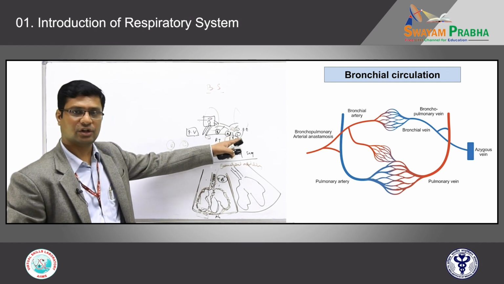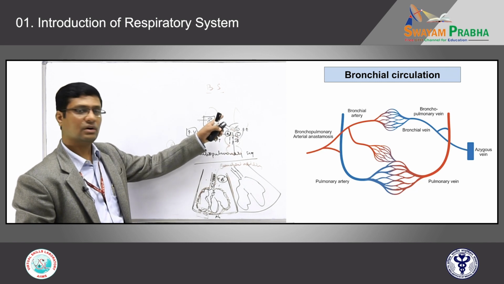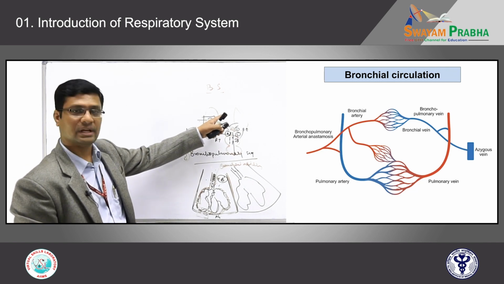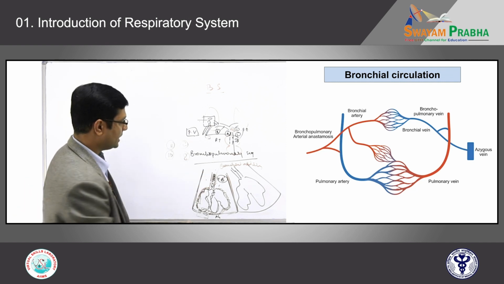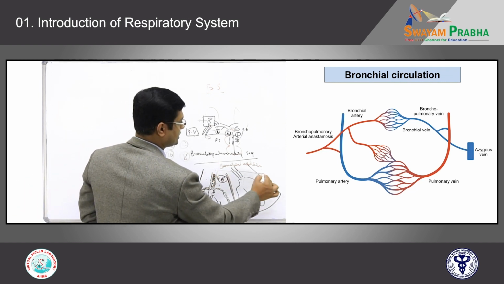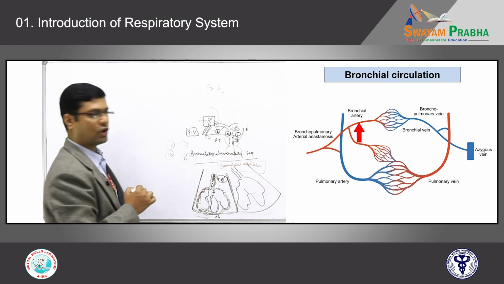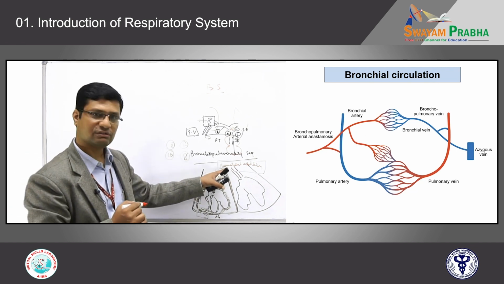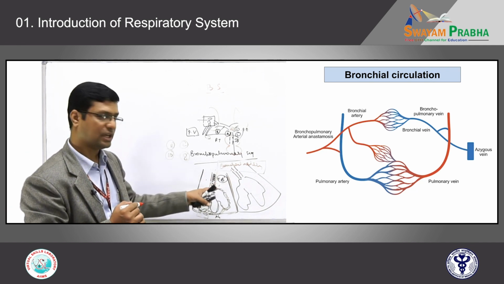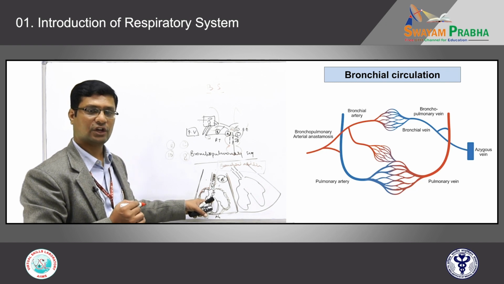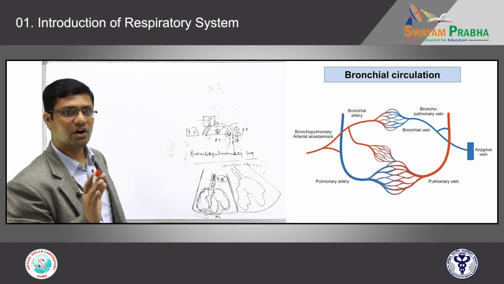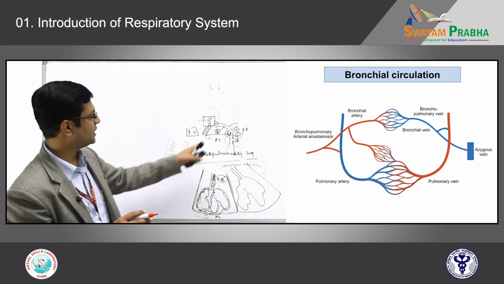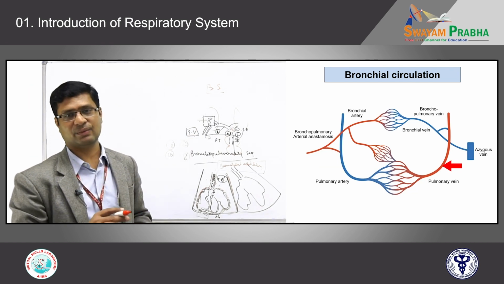The nutrition for the tracheobronchial tree and lung parenchyma is given by direct branches from the thoracic aorta through the bronchial artery. The main function of the bronchial artery is to give nutrition to the tracheobronchial tree and lung parenchyma, but oxygenation and carbon dioxide diffusion take place mainly by the pulmonary artery and pulmonary veins.